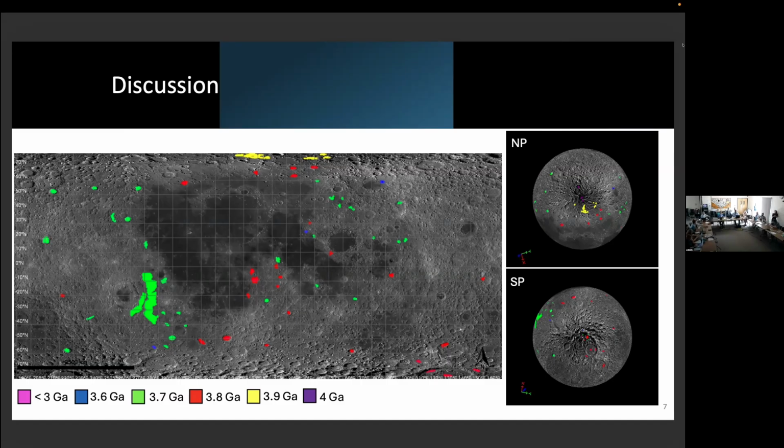So I think the main point here, if we start, which was a very painful topic, with the Imbrium age. If we consider the oldest sample age for the Imbrium being 3.92 billion years, which is what most people go with, then clearly we don't have them in the mid latitudes, but they are observed in the north only.